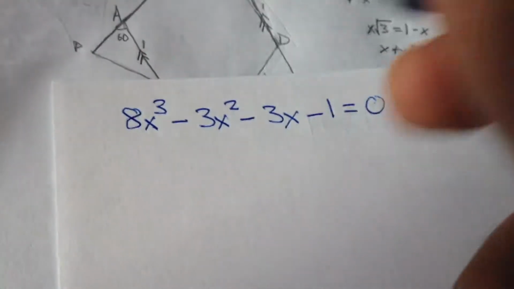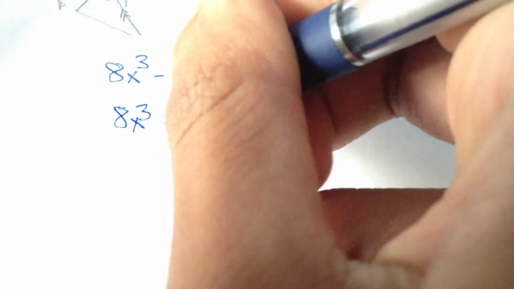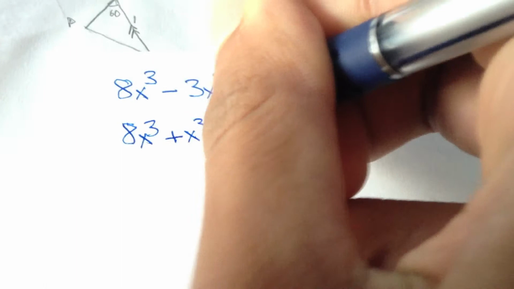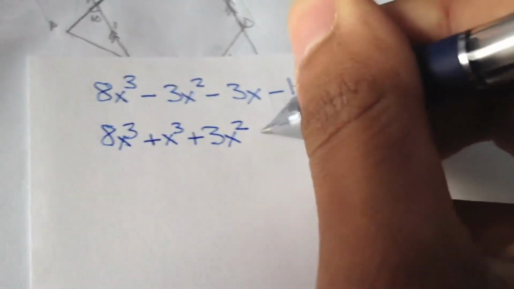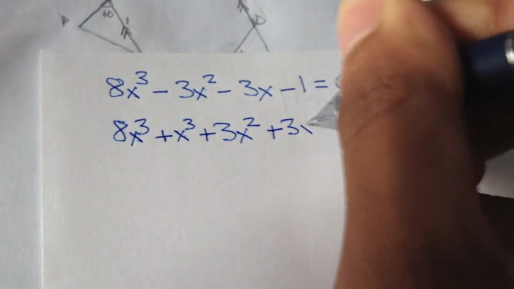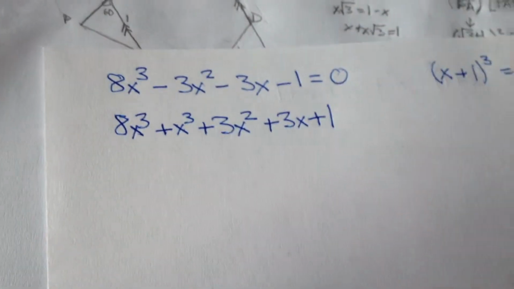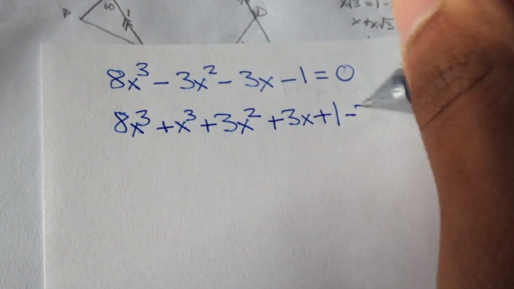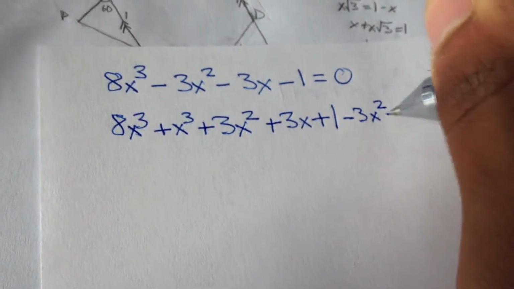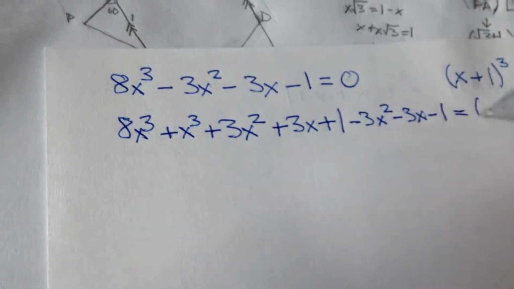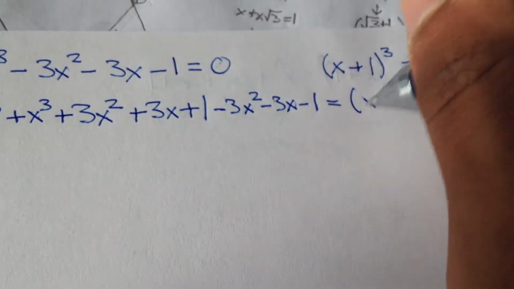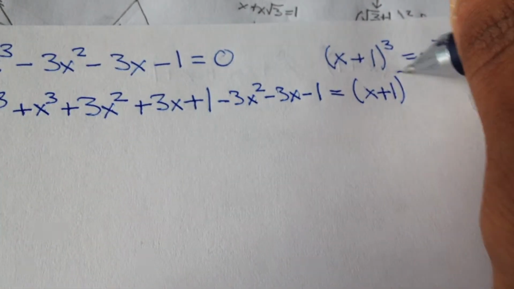So if we do that, we get 8x cubed plus x cubed plus 3x squared plus 3x plus 1 minus 3x squared minus 3x minus 1 equals x plus 1 the whole cubed.